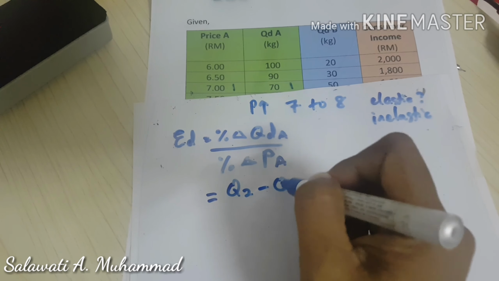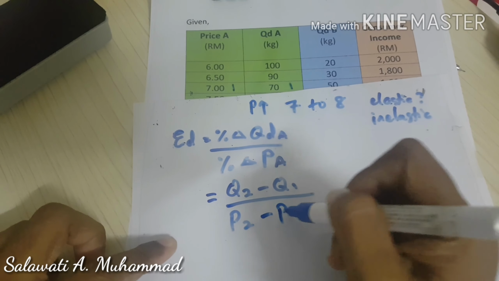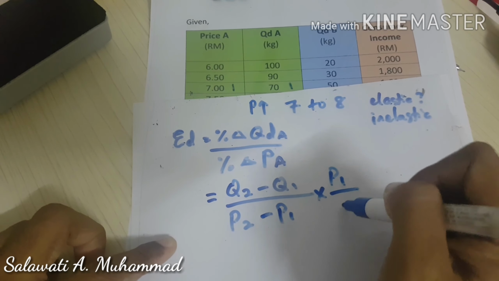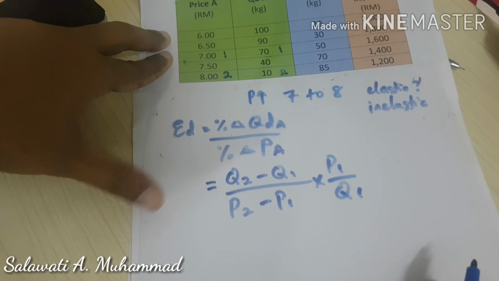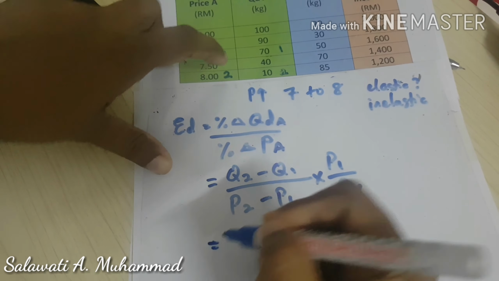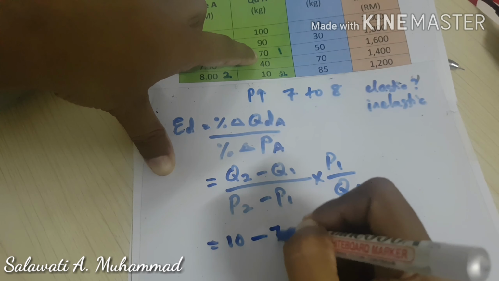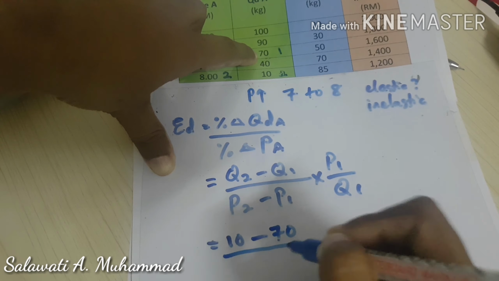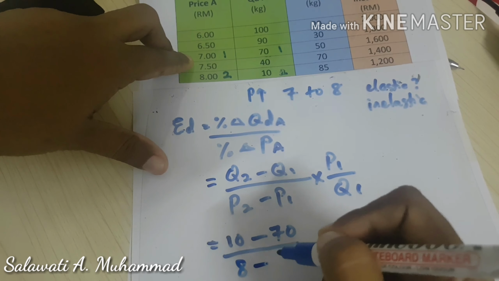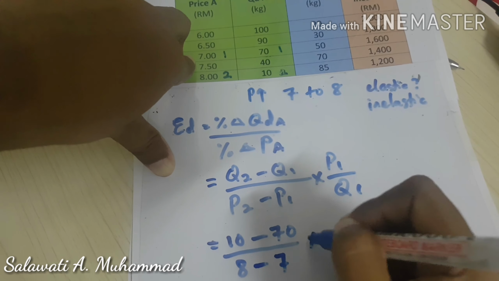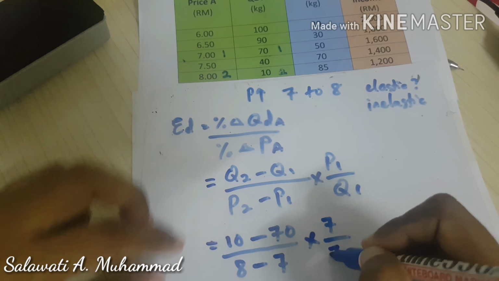Q2 subtract Q1, divide by P2 subtract P1, times P1 over Q1. Replace with the amounts here: Q2 is 10 minus Q1 is 70, divide by P2 is 8 ringgit subtract P1 is 7, times P1 is 7 over Q1 is 70.